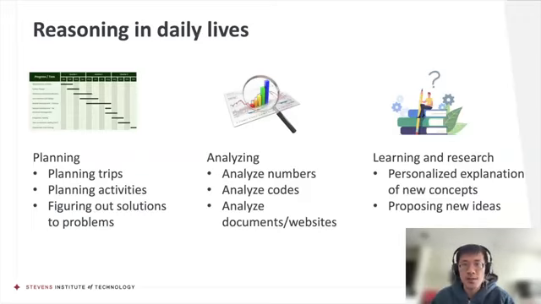The reasoning capabilities can be used to analyze numbers. And for financial problems, there are a lot of numbers and tables, and they are usually scattered across multiple documents and websites.